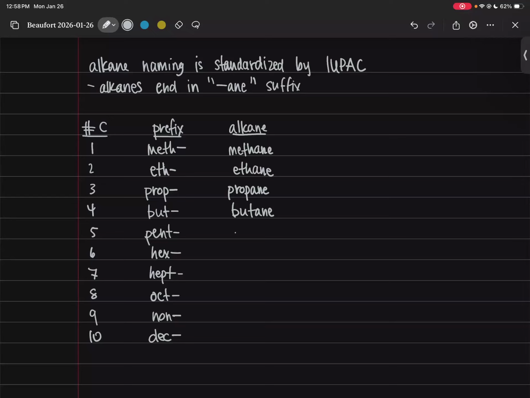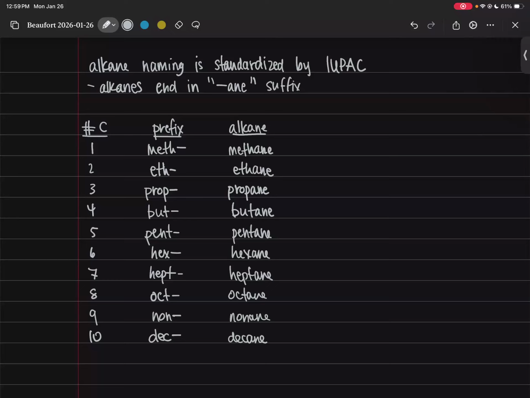So pentane, hexane, heptane, octane, nonane, and decane. These continue, of course, but generally you kind of see up to 7 and 8, and that's about it.